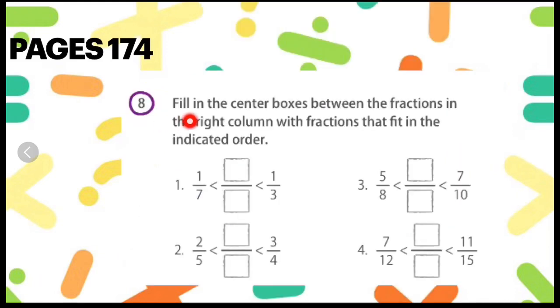Now exercise number 8 says fill in the center boxes between the fractions, in the right column, with fractions that fit in the indicated order. These answers can be different. They're telling you that 1/7 is bigger than this number, but this number is bigger than this one. So you have to see which one is bigger than the other one. Over here, for example, I can do 1/5.